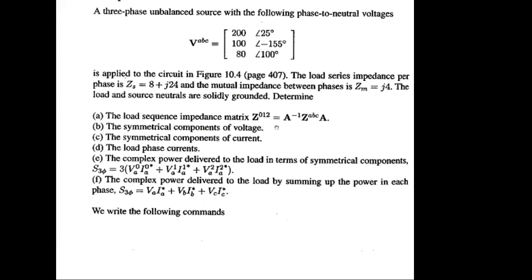VABC is given, so you can find V012 as well. Then the symmetrical component of current, I012. As you have V012 and Z012, you can determine I012 from there, as well as the load phase current.